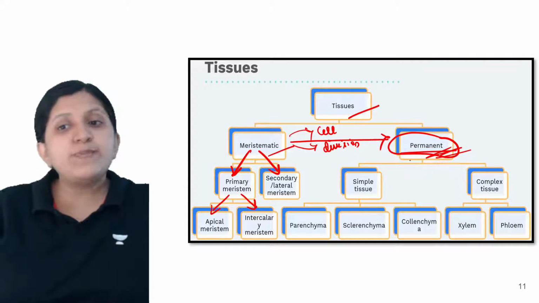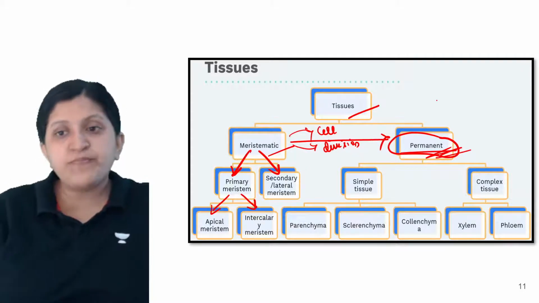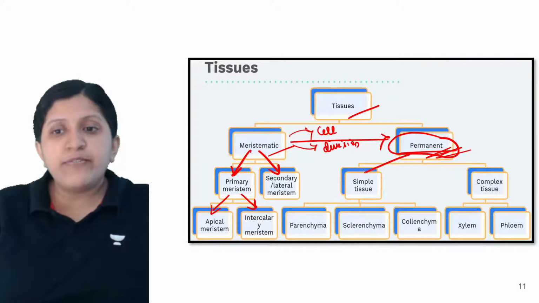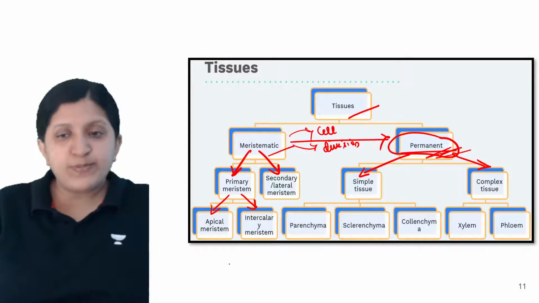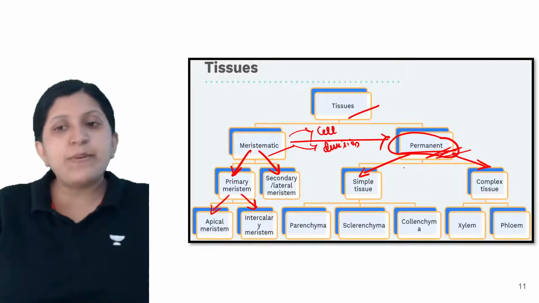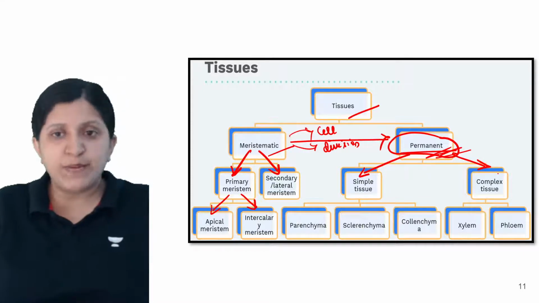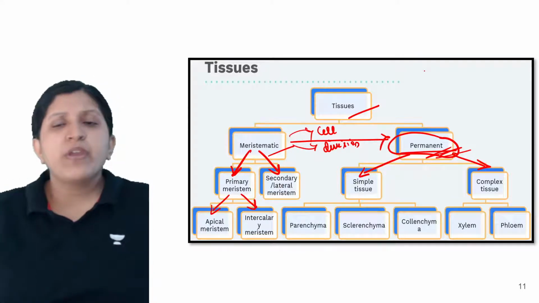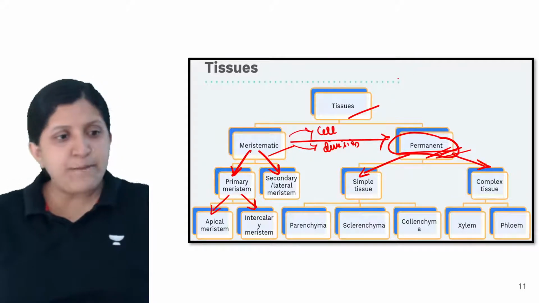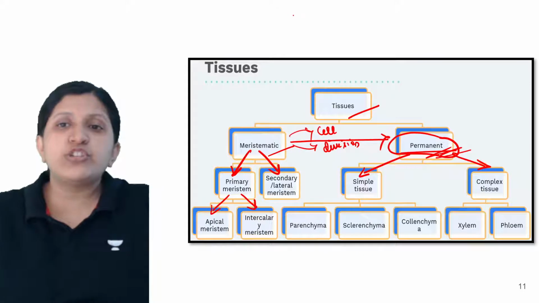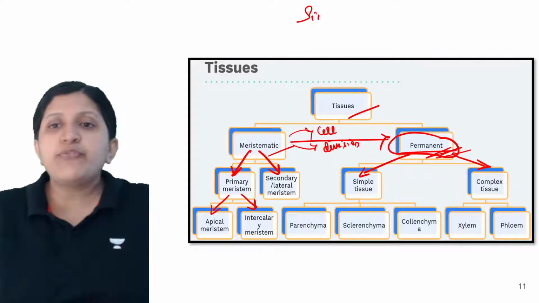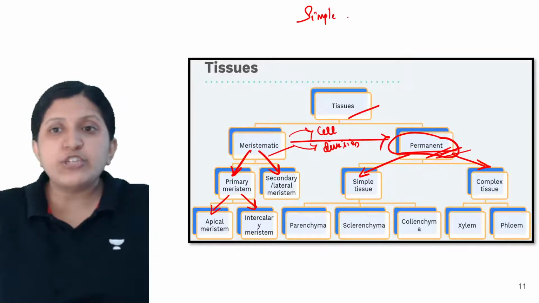Now this permanent tissue is further divided as simple permanent tissue and complex permanent tissue. So what is simple permanent tissue or complex permanent tissue? Simple, when we mention, you can find only one type of tissue formation.